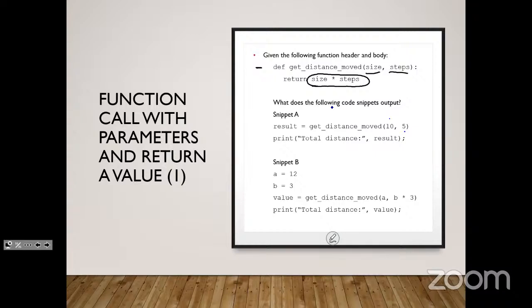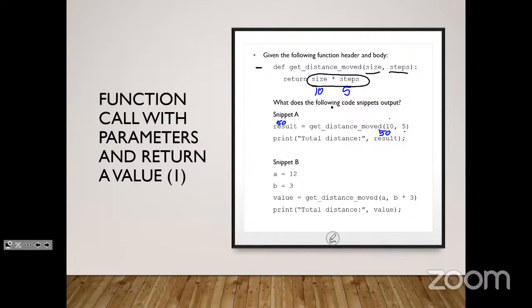Because if I put 10 here and 5 here, 10 times 5 is 50, and that's what it's going to return. So now result is equal to 50. We're going to print total distance. It's going to print the number inside of result, right?